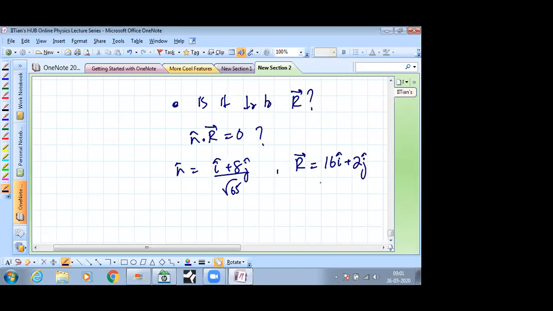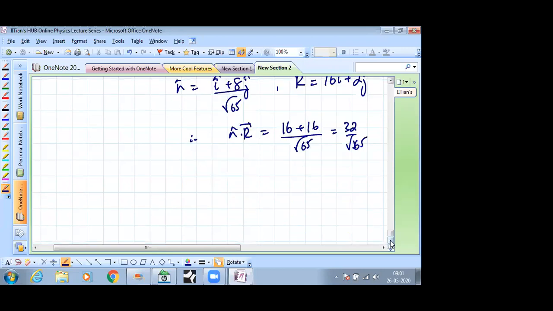That was the resultant, right? You can see the dot product is not 0. Both the components are positive now. So it is 16 plus 16 divided by root 65, 32 by root 65. So therefore they are not perpendicular. Therefore n cap is not perpendicular.